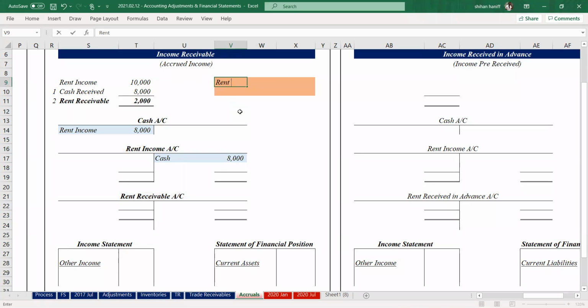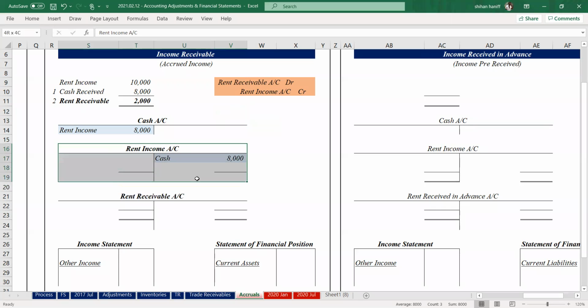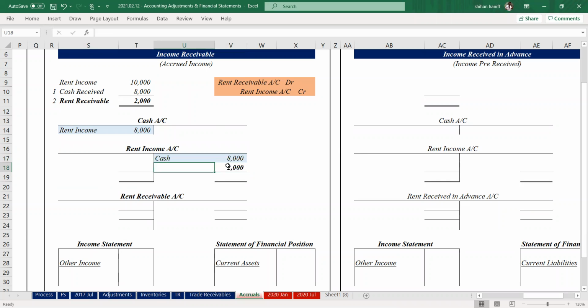So double entry is rent receivable account debit and rent income account credit. We need to increase the rent income. This is the amount which goes to income statement. Rent income comes under other income. So 8,000 received, another 2,000 is receivable.